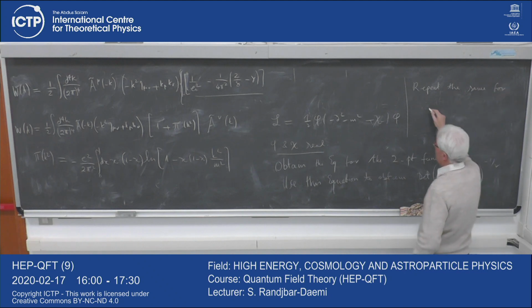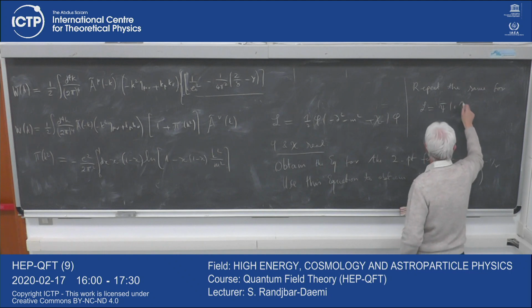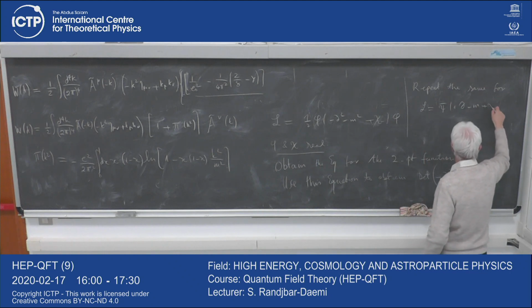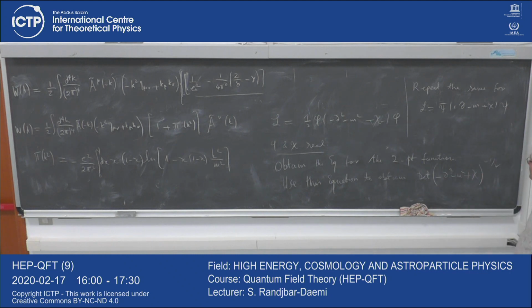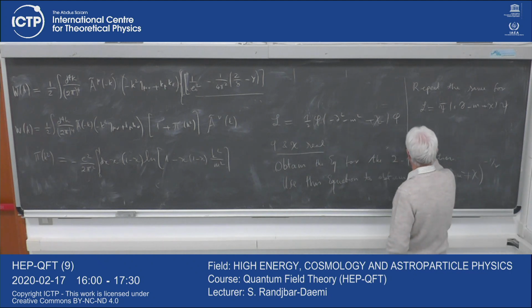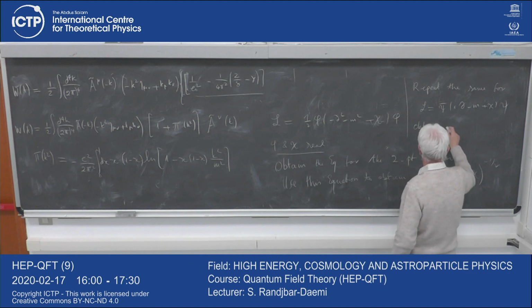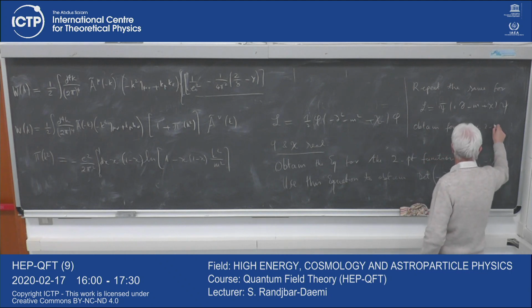For L equals psi bar (i∂-slash minus m plus chi) psi. Again, chi is a real field, doesn't matter. Repeat the same thing. Obtain the fermionic 2-point function.